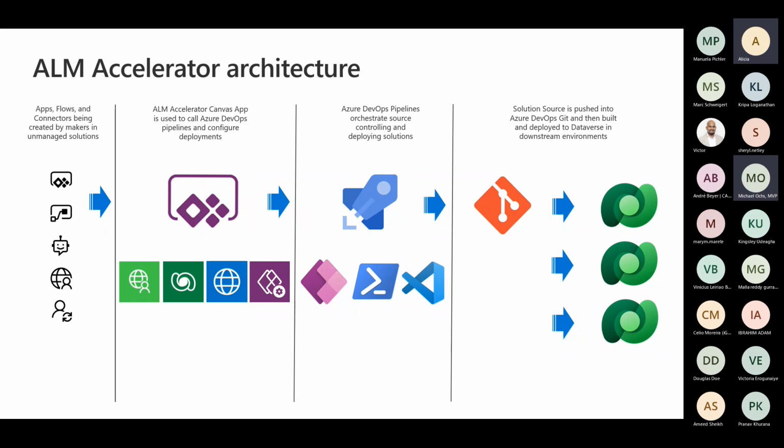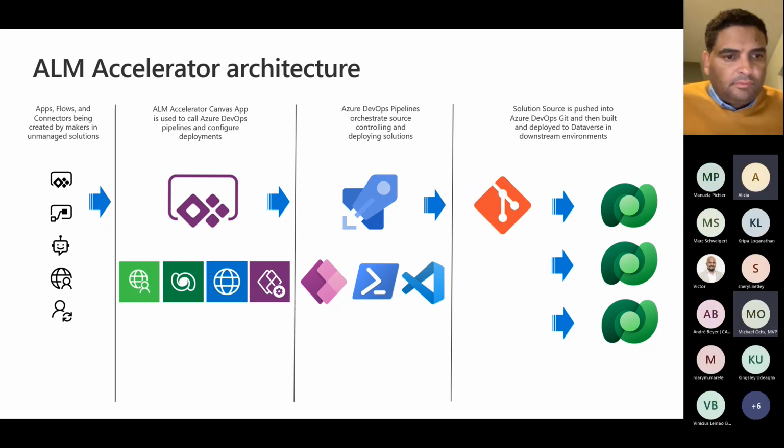And the idea behind that is you can have individual low code makers working in the Maker Studio, building flows, building apps, creating tables, but you can also have pro code developers building plugins, building PCF controls, building code first components, and they can work in the environment that they're familiar with, which is that Git environment, and they can commit their changes into Git. That stuff gets built up and deployed, and everybody can work in a fusion team sort of environment.